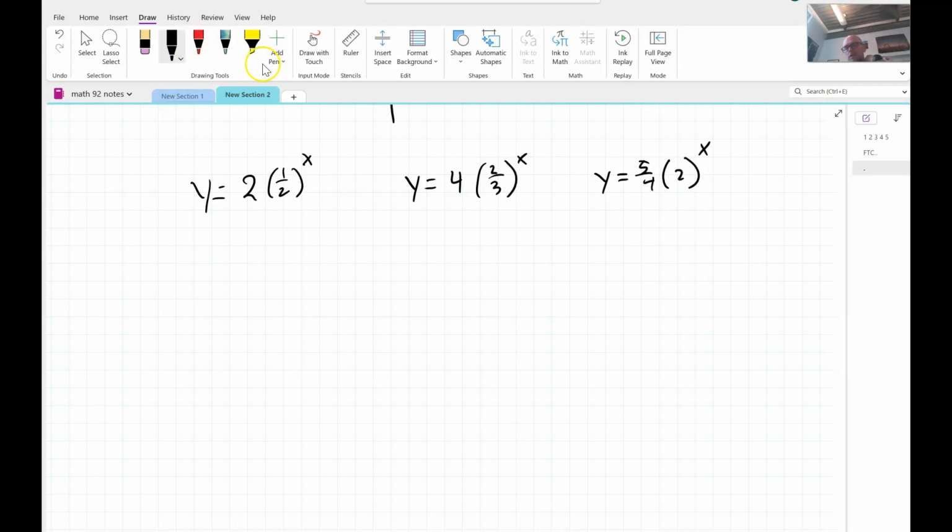So what we're suggesting is that you can look at an equation like this, and before you hardly even think, you can tell what the y-intercept is going to be. So in this case, the y-intercept would be 2. Here the y-intercept would be 4. And here the y-intercept would be 5/4. Okay?